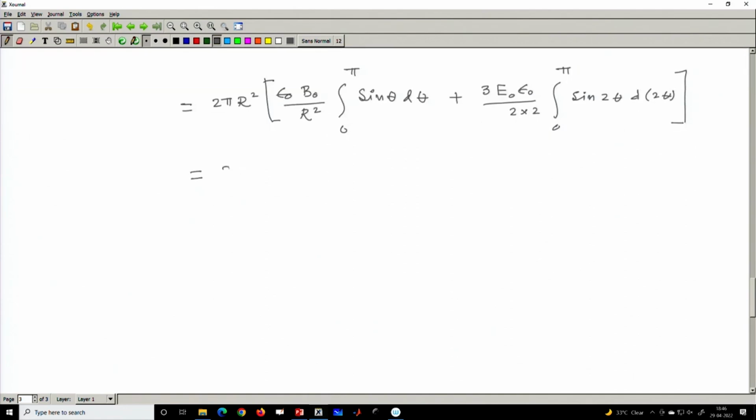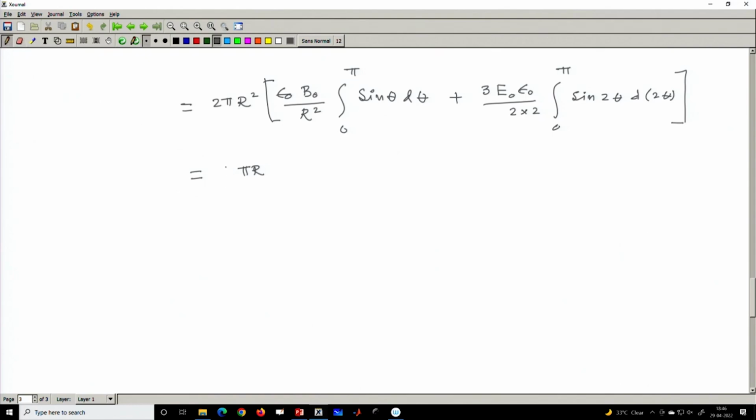So now we have 2 pi r square. For this 0 to pi sin theta, if I integrate, it will be cos theta, and I have 2 here, so eventually this will be 4.